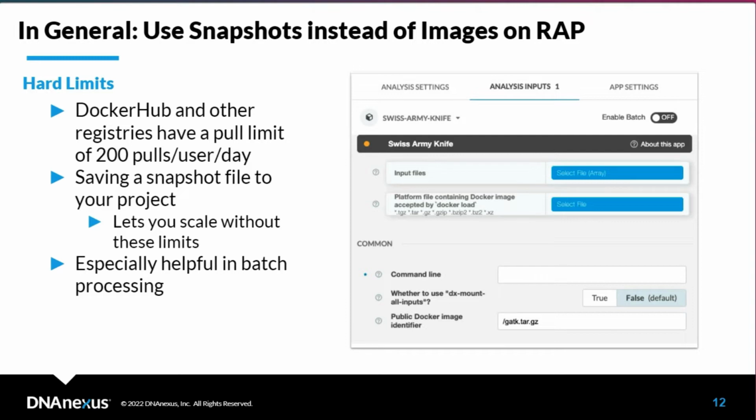If you're doing batch processing, this is a big limitation. We're going to show you how to save a snapshot file in your project, which lets you overcome these limits, and it's especially helpful with batch processing.